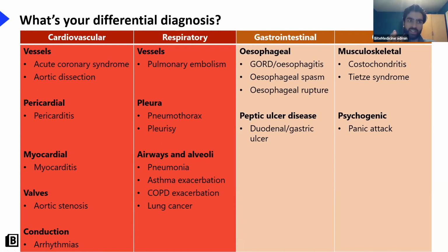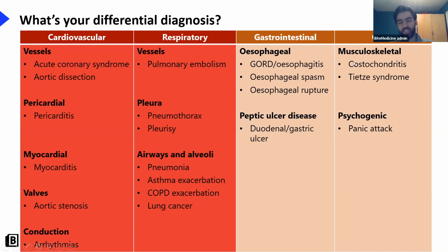Sometimes it's quite hard to tell apart reflux from a myocardial infarction based on a history alone, and you need to do further tests. Esophageal spasm and esophageal rupture. So esophageal rupture is an emergency. Peptic ulcer disease can also present with chest pain. And again, this may be an emergency if there's significant GI bleeding or a perforated stomach or duodenum.